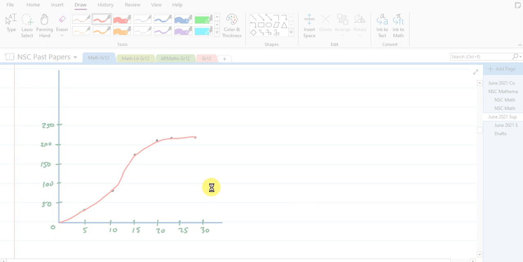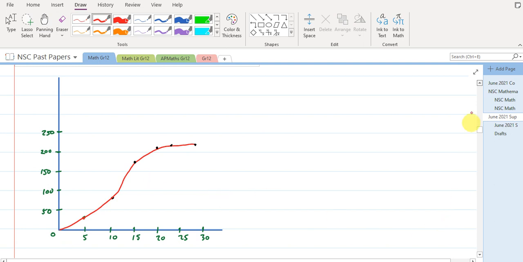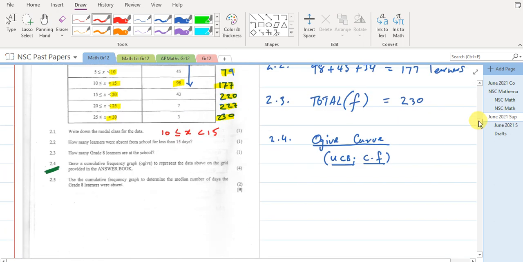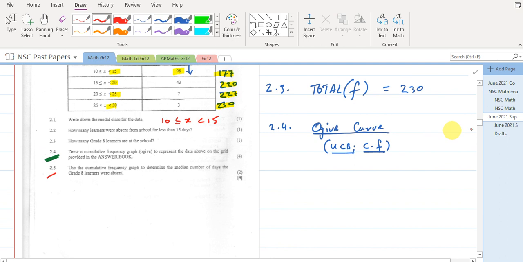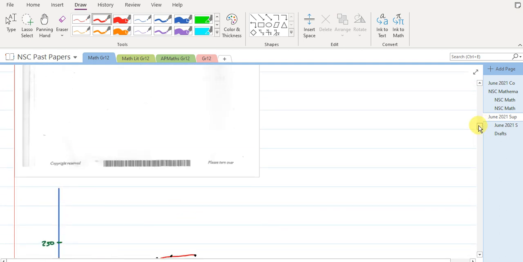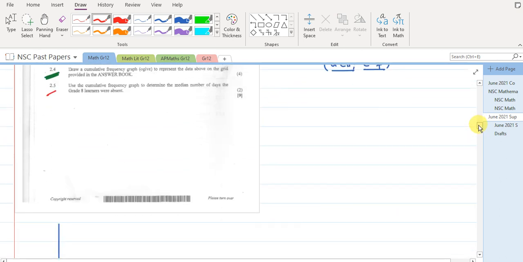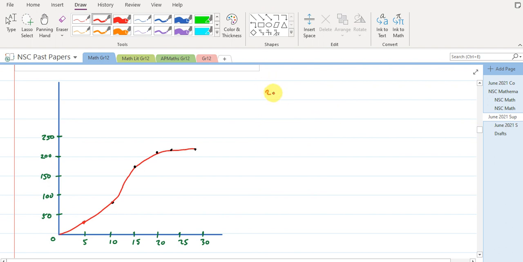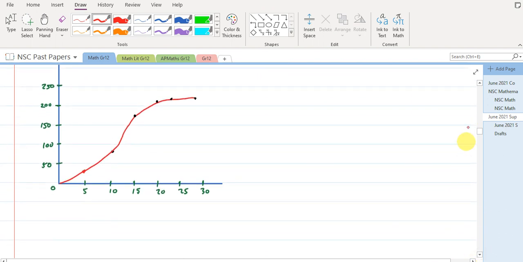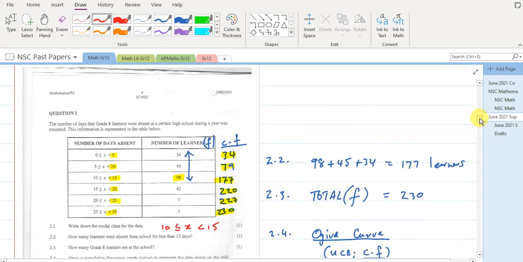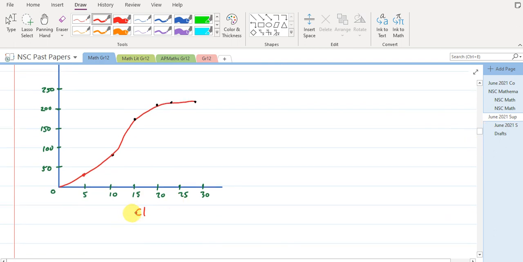Now remember the median position. For the median position, we take n and divide by 2. N is 230, divide by 2, so that gives you 115. You'll go to 115 on your ogive curve.